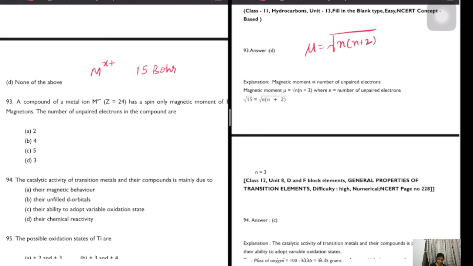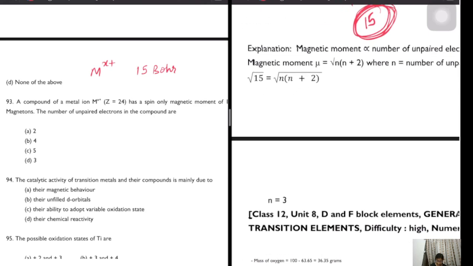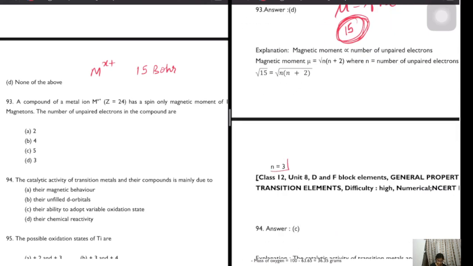So we can say that it equated to 15. This is what we get. So we'll just substitute the values here, and upon substitution we will get answer 3. That is, you see, 3 into 3 plus 2, 5, 15. Okay, so it is 15.